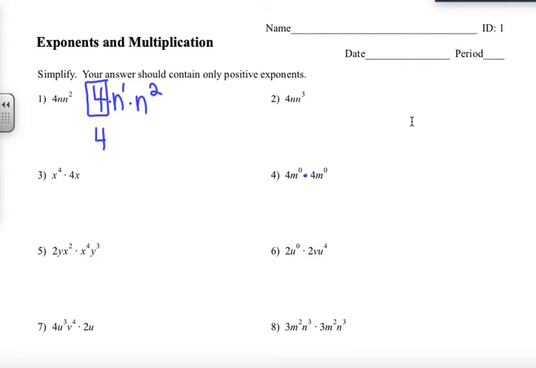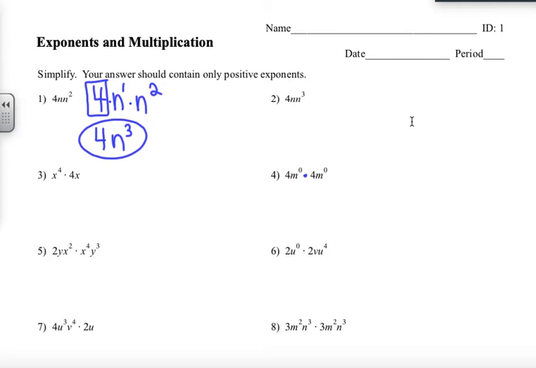But up to this point, we didn't need to see that because this is the first time you're really being exposed to exponential rules. So when I simplify n to the first power times n to the second power, you take the two exponents and you add them, and this will turn into n to what power? 3. So this is going to be n to the third power. That's your final answer. There's nothing you can do with that.